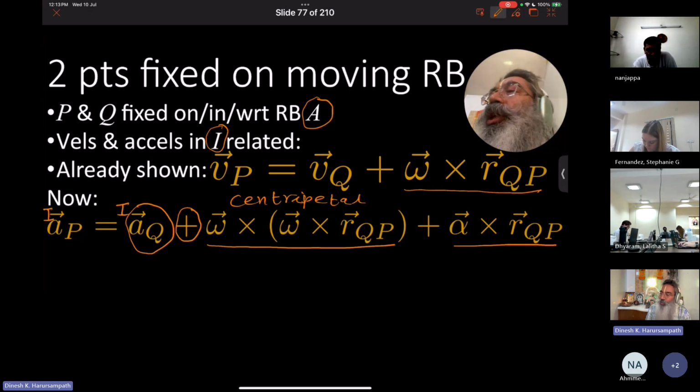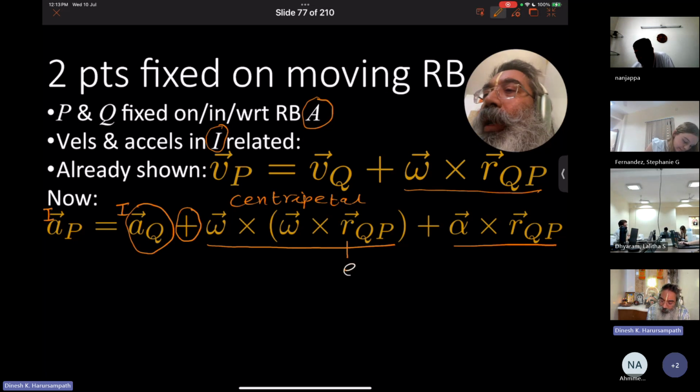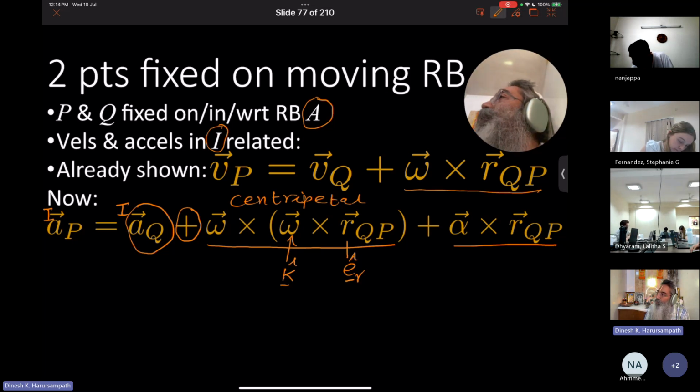So this is essentially, you can think of Q as the point from which you're drawing, let's say, a radial coordinate system. So this will be along ER hat, whereas let's say it's a simple rotation where you have this along K hat. Without loss of generality, we can always call the axis of rotation as K hat.